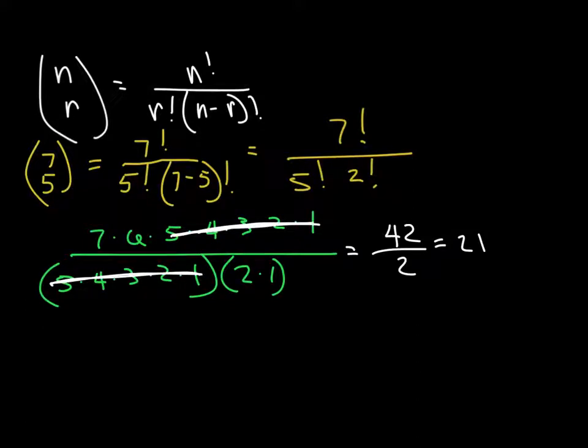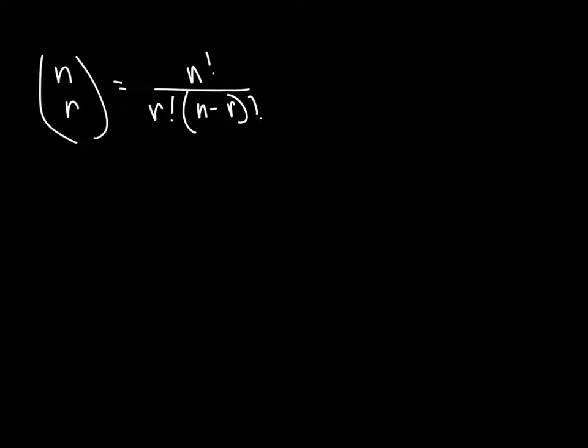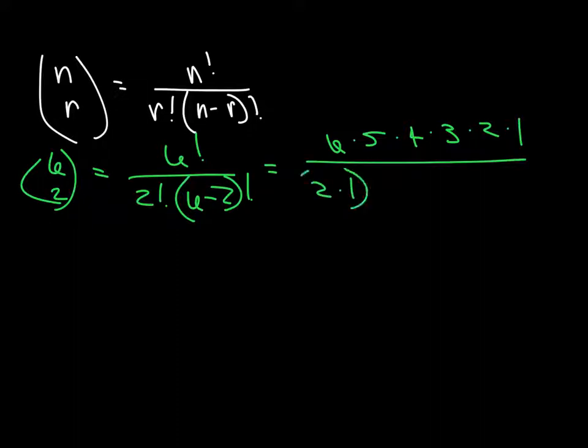All right, so let's do the second one. And again, we're not going to go any further than this. Let's leave that one up there. So we have 6 and 2. So 6 goes on top, 2 goes on bottom, 6 minus 2, and that gives me 6 times 5 times 4 times 3 times 2 times 1 all over 2 times 1.